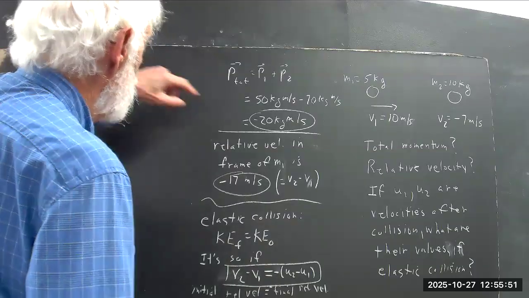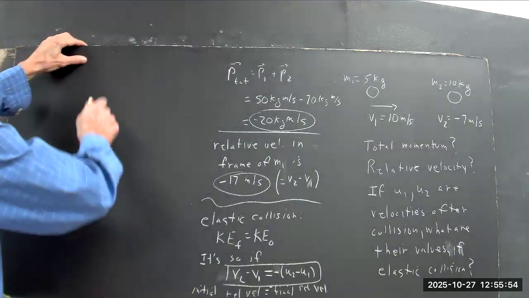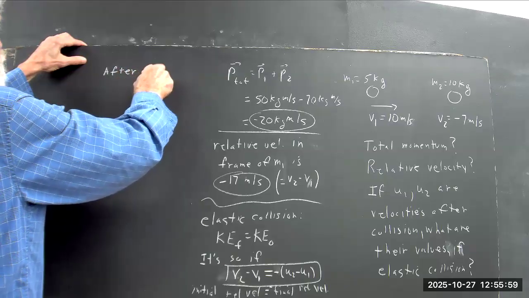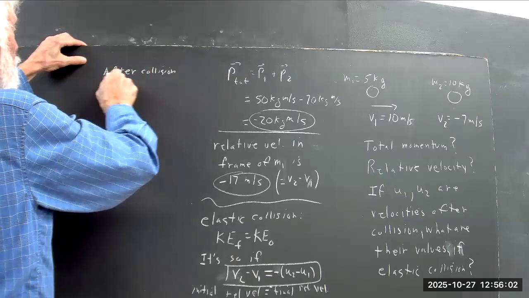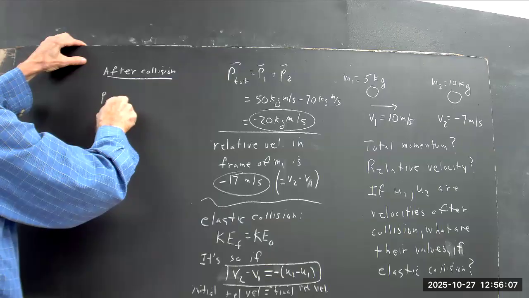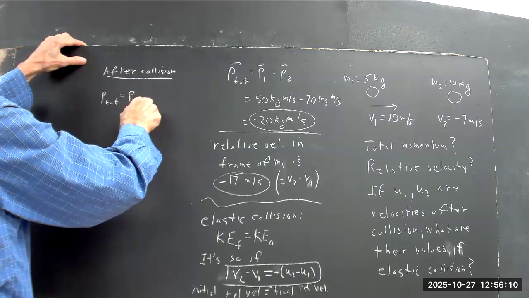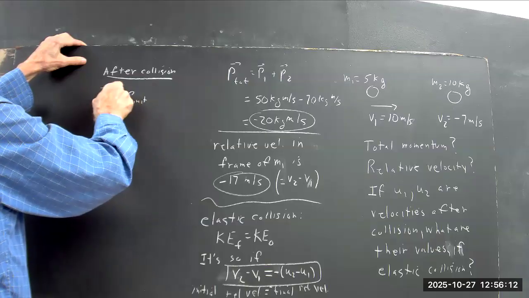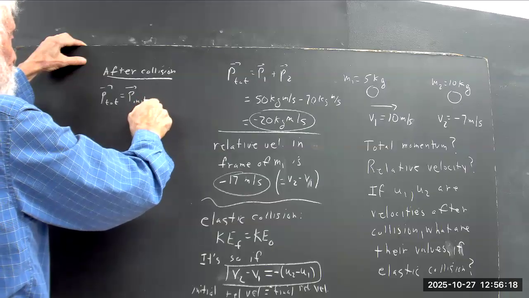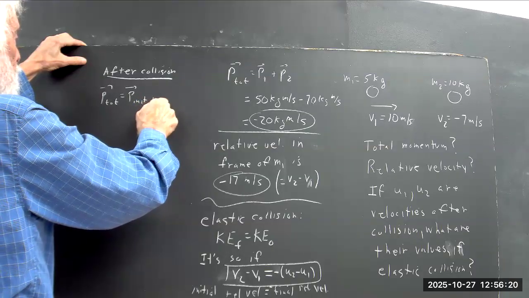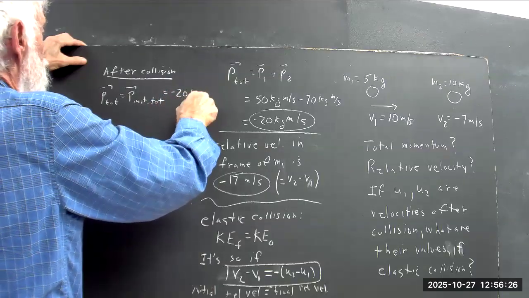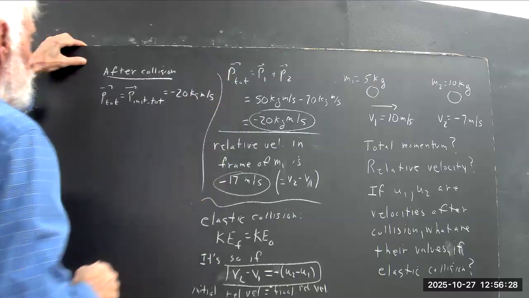We know then that after collision, total momentum equals the initial momentum total, which equals negative 20 kilogram meters per second.